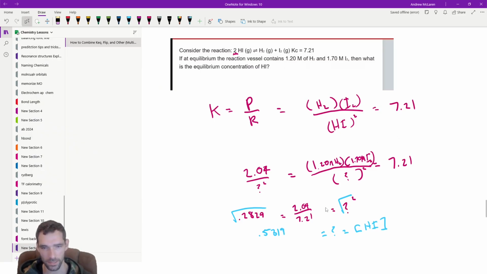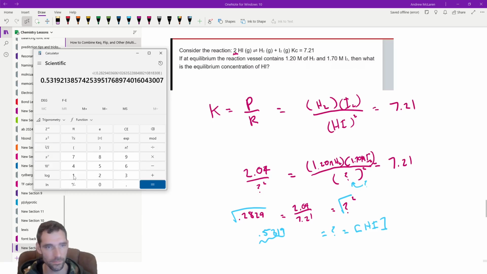And we can double check that by plugging it back in. So we can take our number and ask, does that actually work here? And if we get 0.5319, we square that.